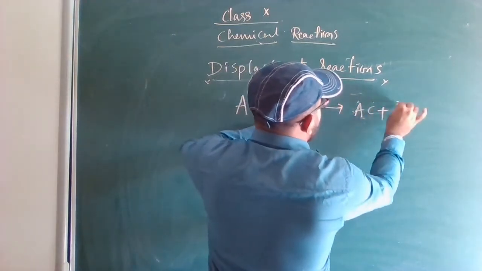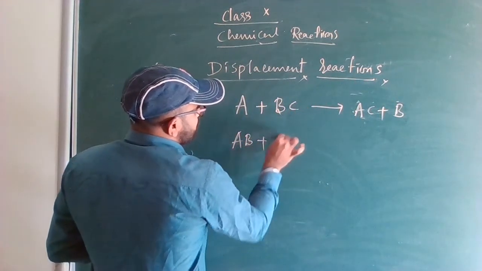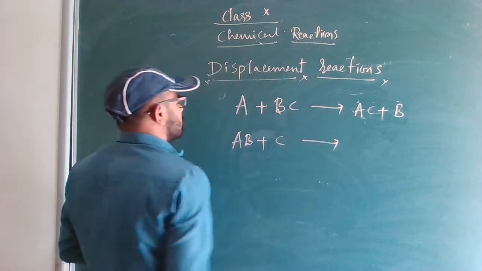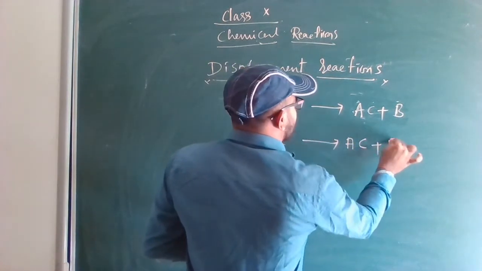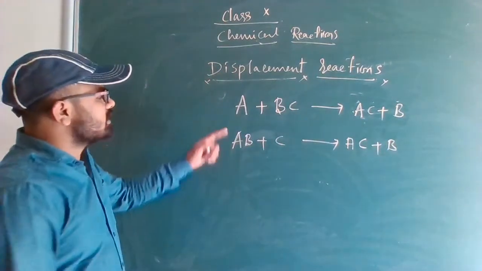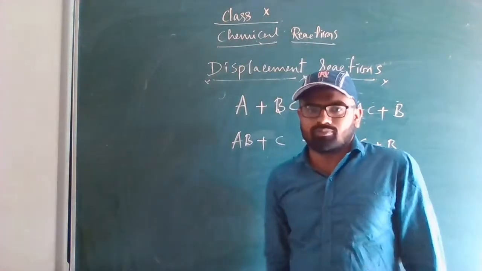Or AB plus C gives BC plus A. These kinds of reactions are called displacement reactions.